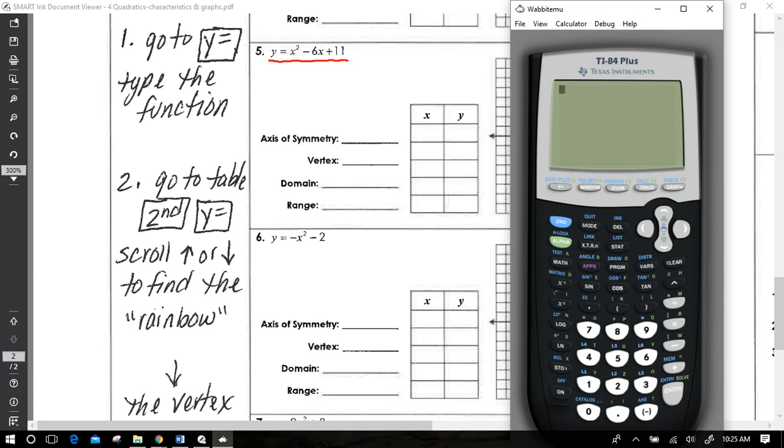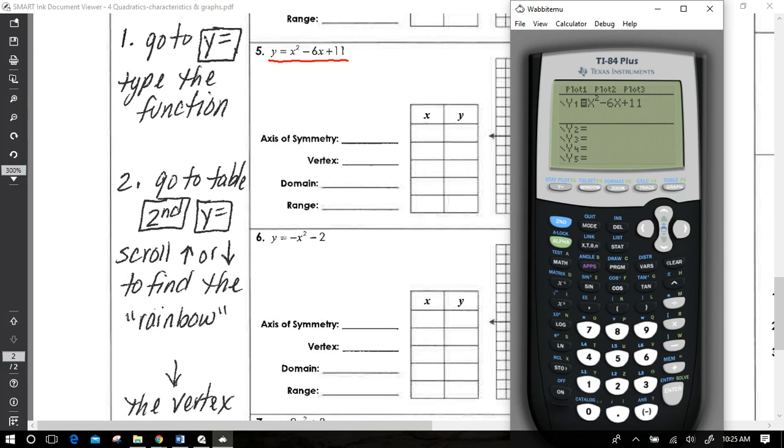So y equals, and then I have x squared minus 6x plus 11.